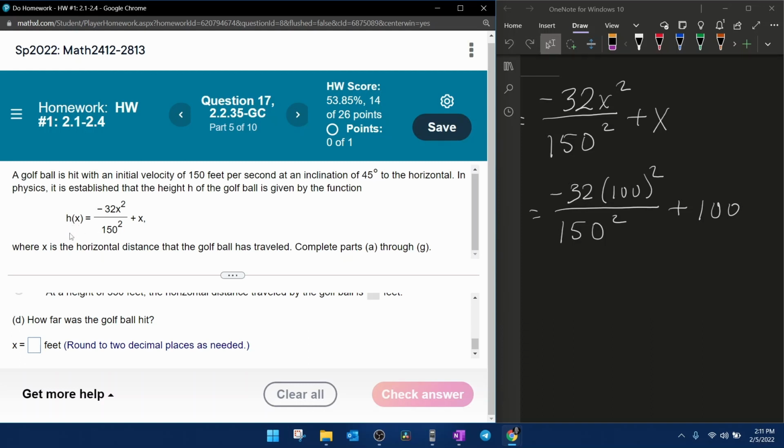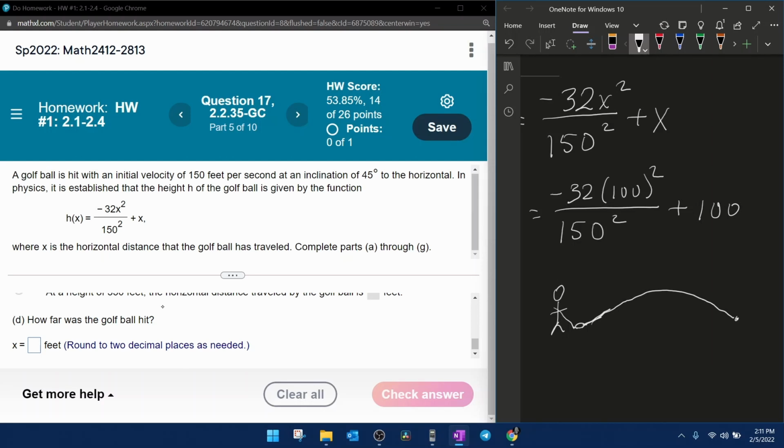The question is, think about this. If I hit a golf ball, let's draw a picture. My little golf ball club. If I hit a golf ball, I think it's set at an inclination of 45 degrees. Whatever goes up must come down, correct?